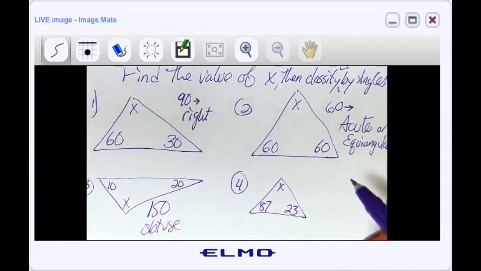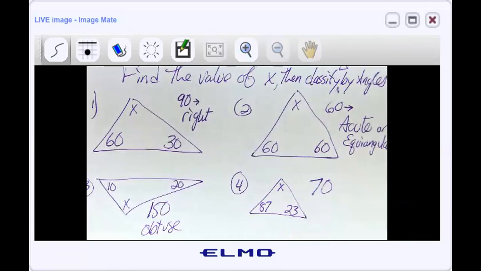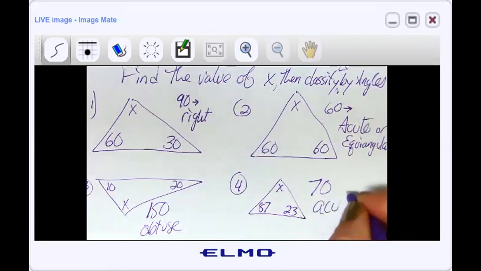Is it 70? Yes. So what type of triangle must this be? Is it right, acute, or obtuse? Acute. Yes. Acute. Perfect.